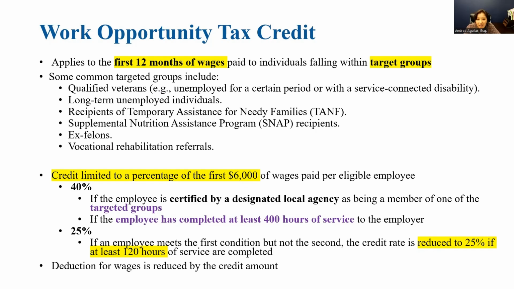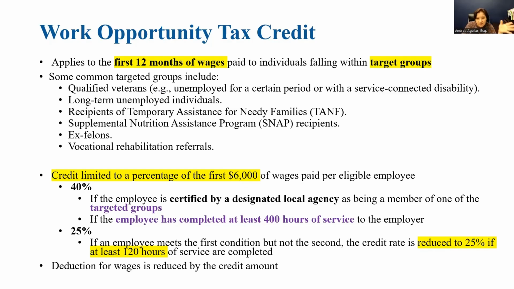So my deduction for compensation for services to this particular employee will be $7,600. And then whenever I'm including my business credit in this particular category of the work opportunity tax credit, I will only include $2,400.